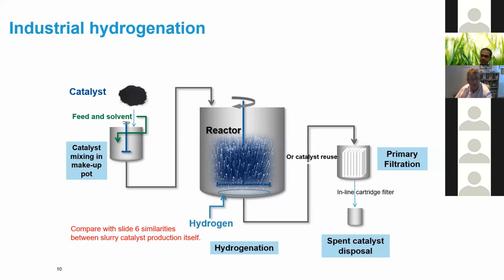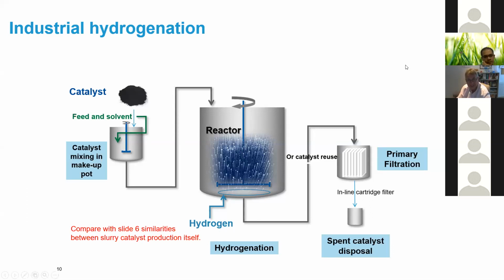You can also put a little bit of hydrogen on there as well, and then you can introduce the catalyst into the reactor. Now in this reactor, you'll see that we've got what we call a hydrogen sparger. So you can introduce the hydrogen sometimes down a hollow stirrer, but in this case, this is a sparging device that helps with much better gas interaction with the catalyst and the reactants.